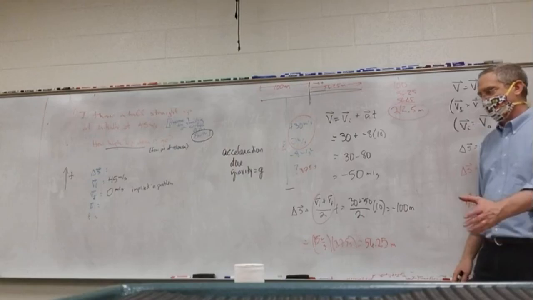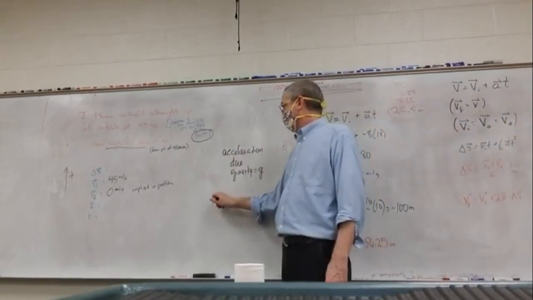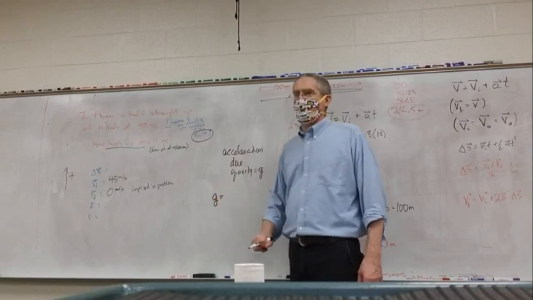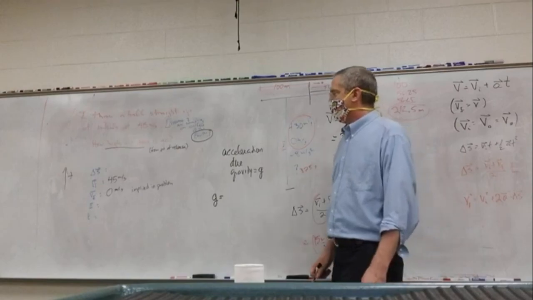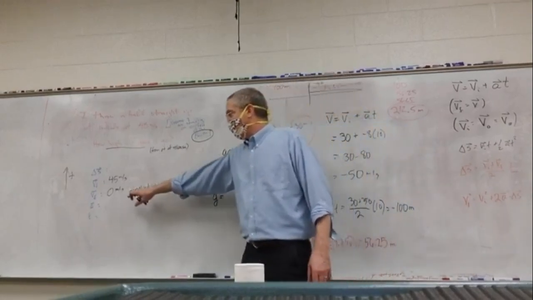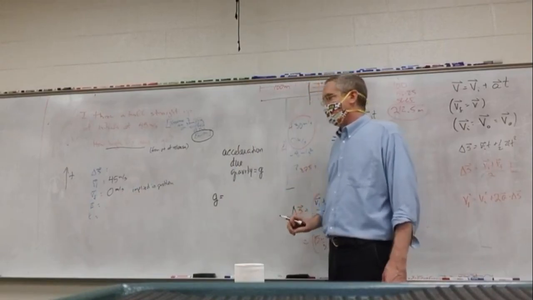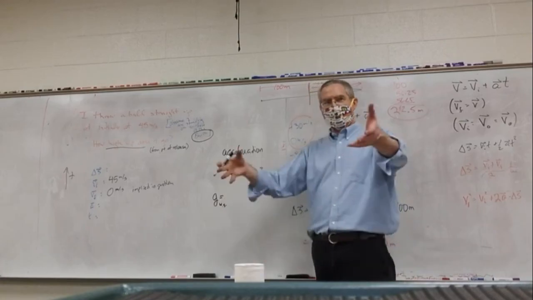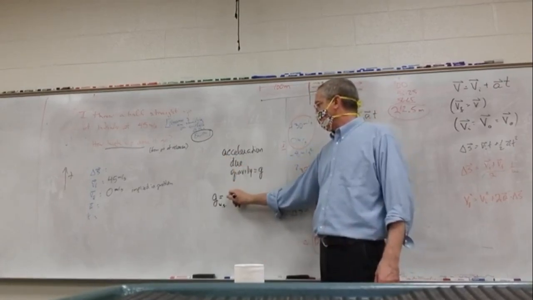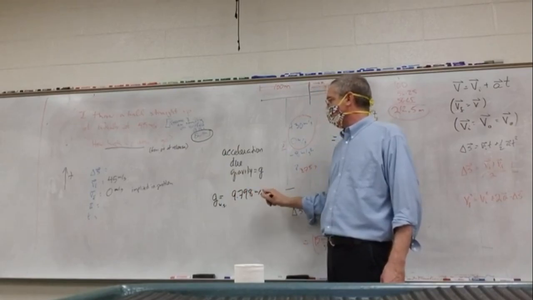That is something different. g is a positive number, unless you somehow have anti-gravity going. Now our acceleration might be negative, but g itself is a positive number. In Winston-Salem, actually where we are right now, g is 9.798 meters per second squared.